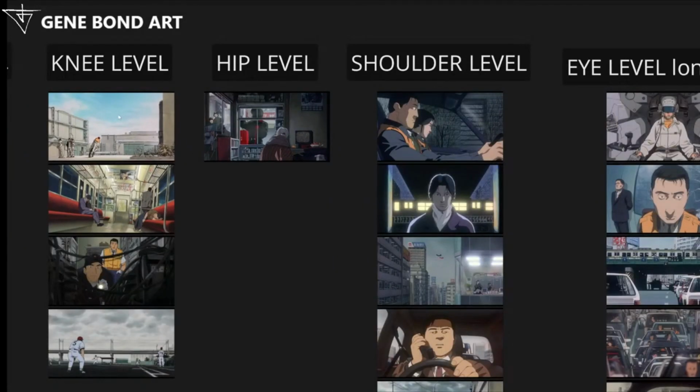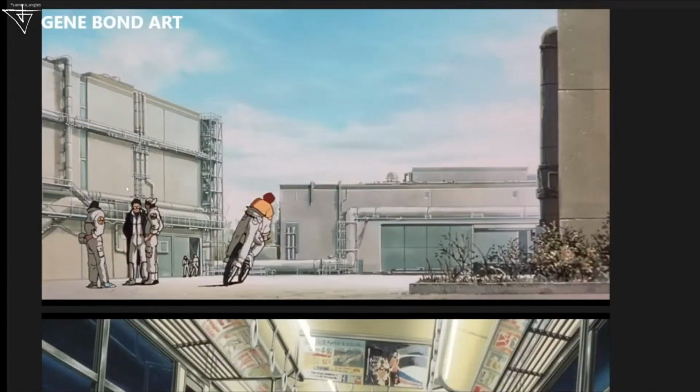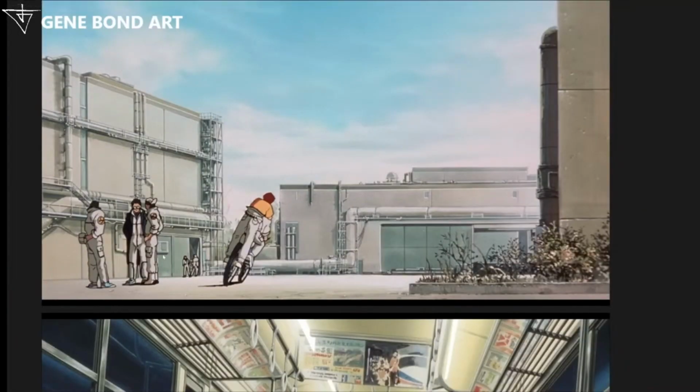So in your frame, let's say we have some characters here, and the horizon line is on the level of their knee.